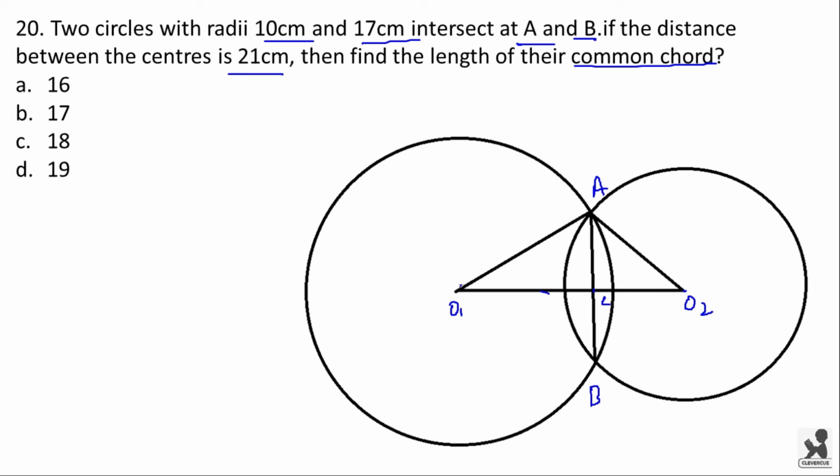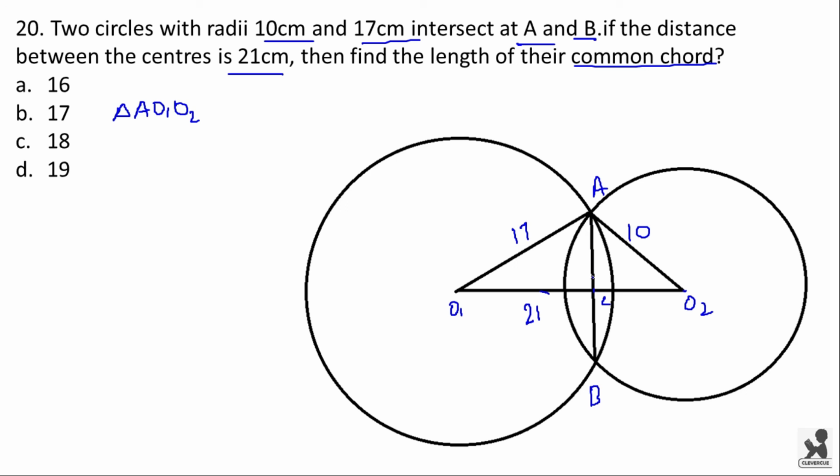The length of the radii is given as 10 centimeters and 17 centimeters. So this is 10 and this is 17. And the distance between the centers, that is O1 O2, is given as 21 centimeters. Let us find the area of triangle A O1 O2, because you have two formulas for the area of the triangle.